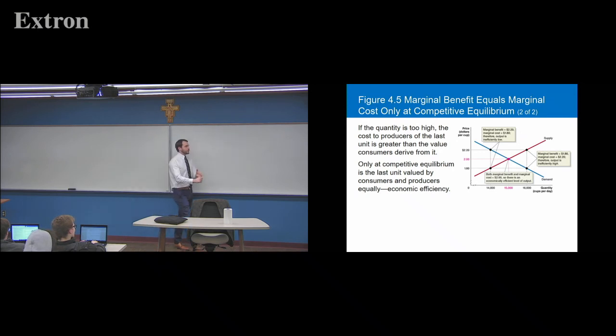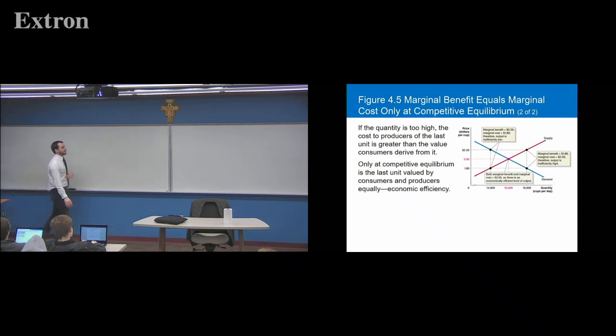And firms wouldn't want to sell it at $2 at that equilibrium price because it costs them $2.20 to make it. So in this case, it's inefficient to produce this many goods because you're not going to be able to sell the additional goods you make, especially for the price that it would cost to break even.